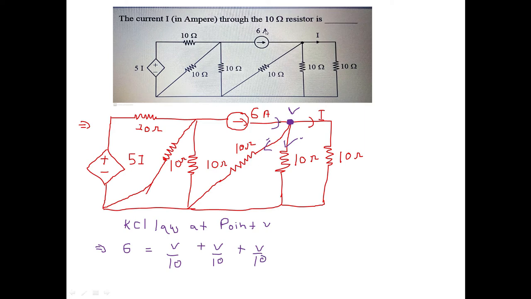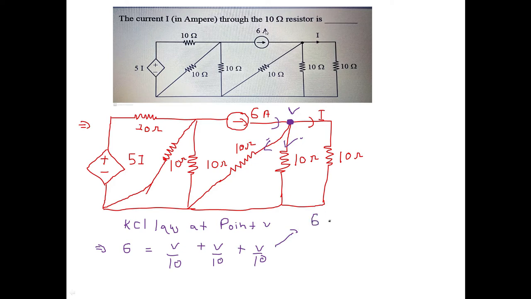Here the incoming current is 6 ampere, and each outgoing current is I equal to V by R, so we apply V upon 10. Now we'll solve this.